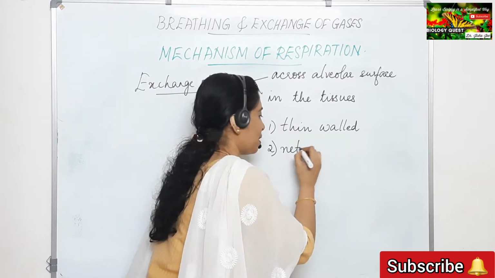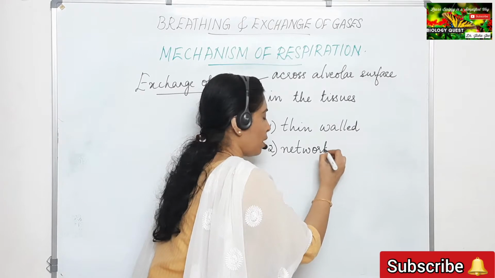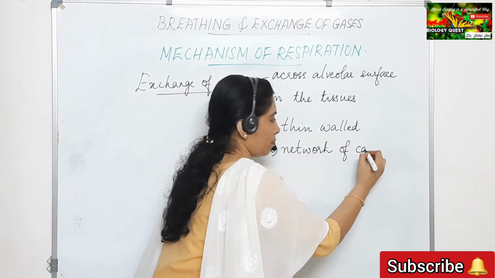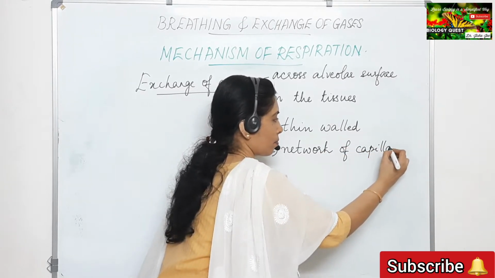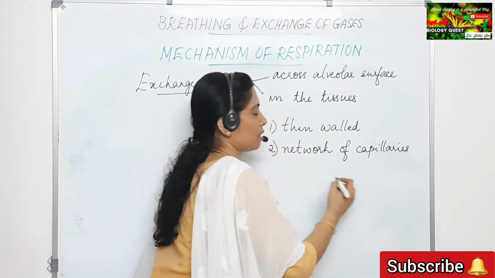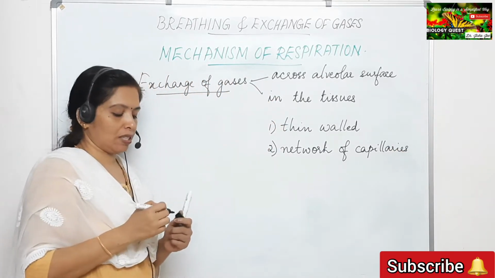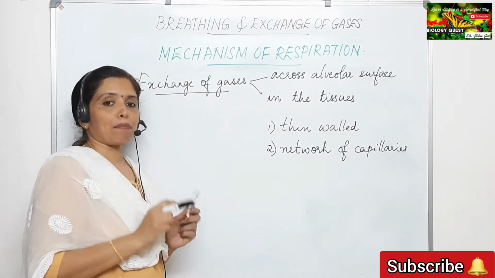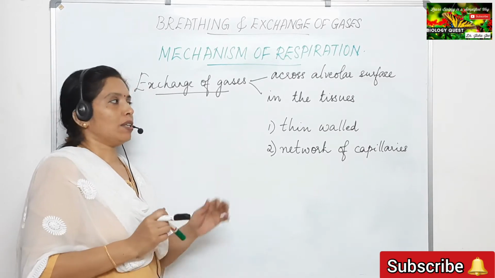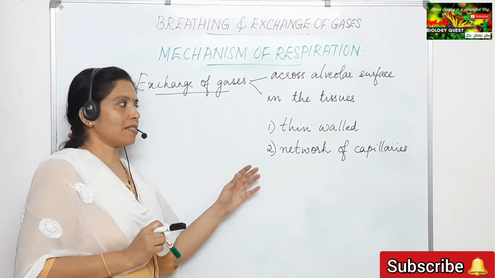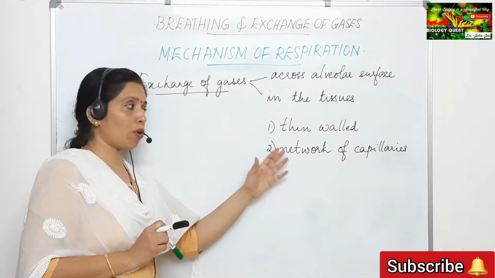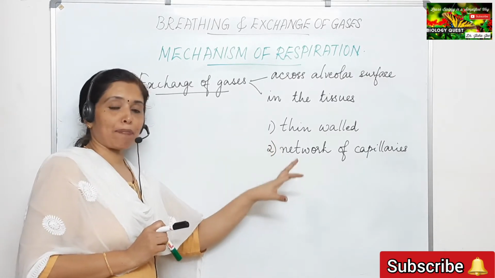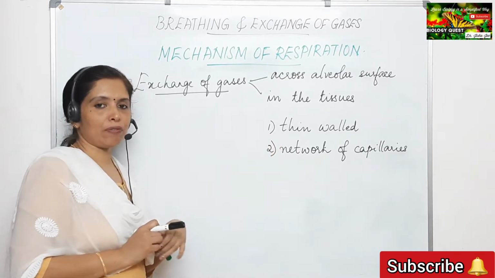A network of capillaries is present on the alveolar surface. So these are the two important features which make the alveoli best suited for gaseous exchange: the alveoli are thin walled and a network of capillaries is present on the surface of alveoli.